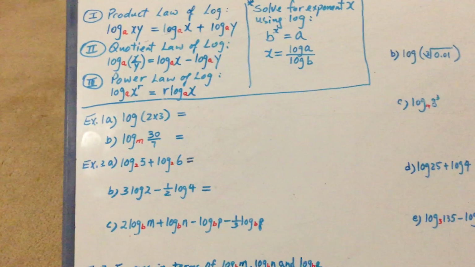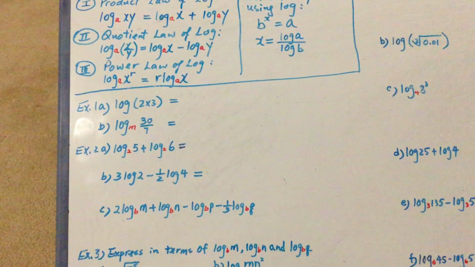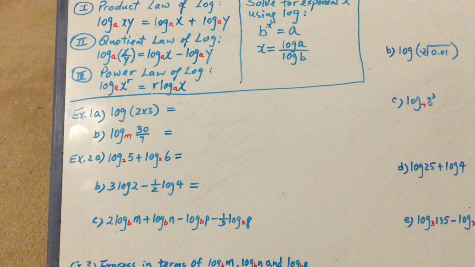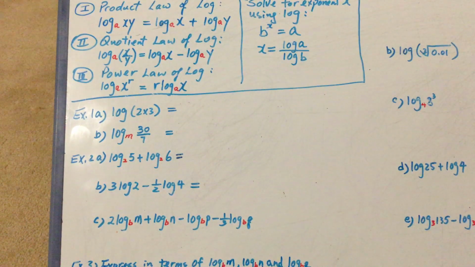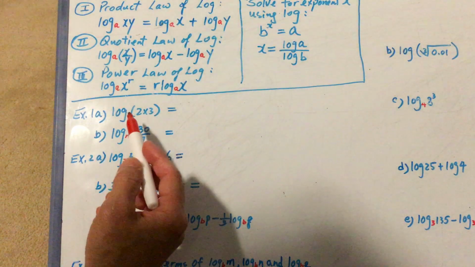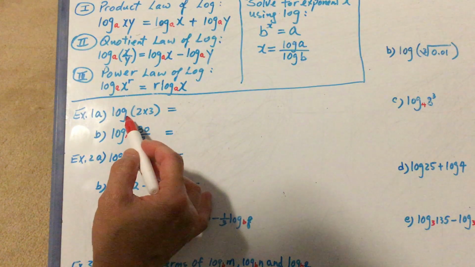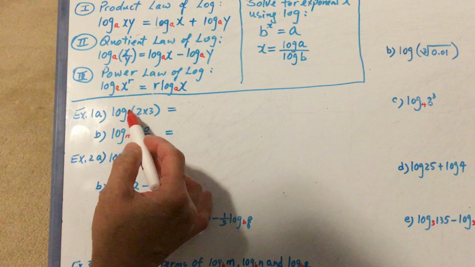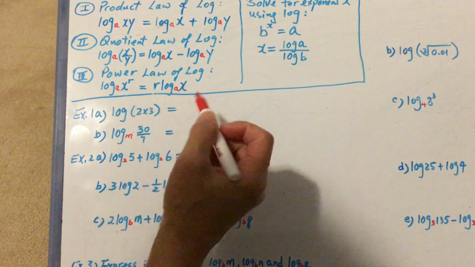Now let's look at your worksheet on 8.4, example number 1a, when you have log of 2 times 3. In this question, when you don't see anything beside the log, that means this is base 10, okay?